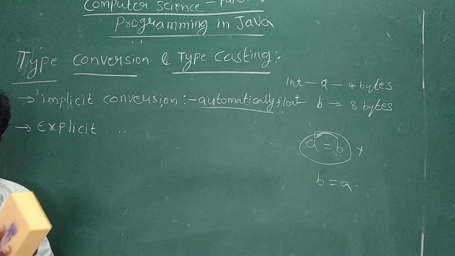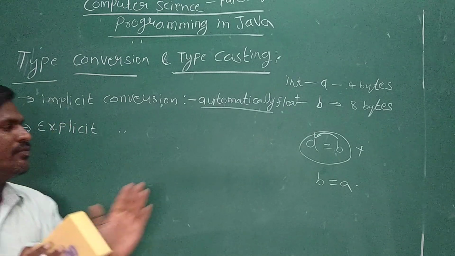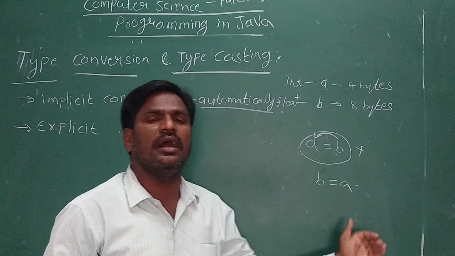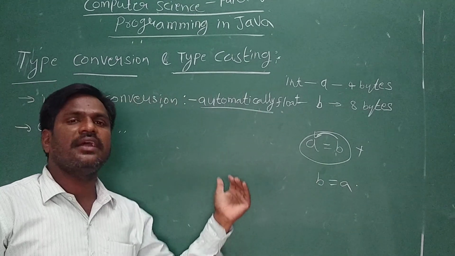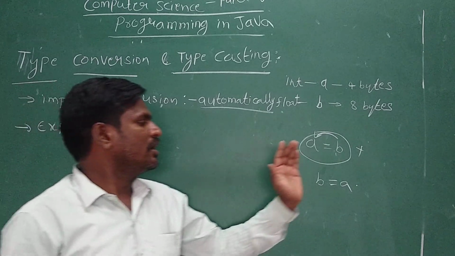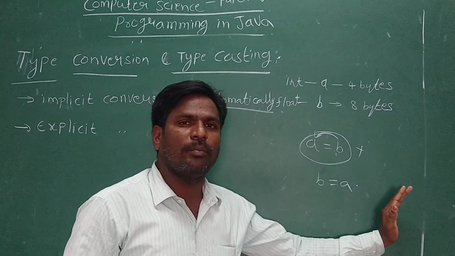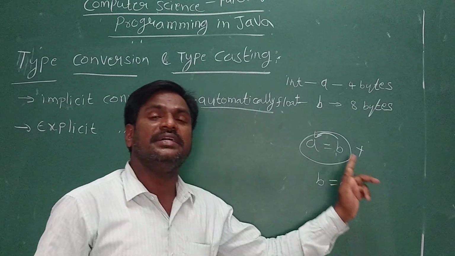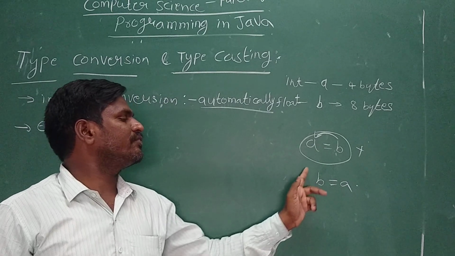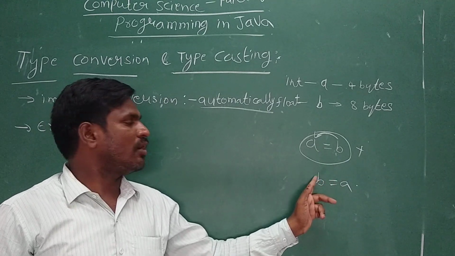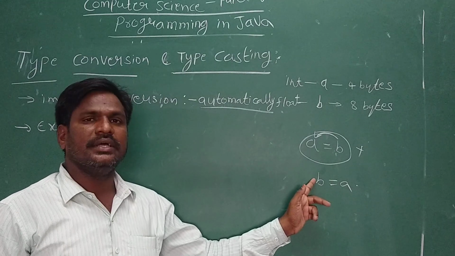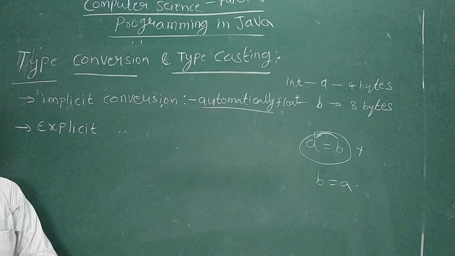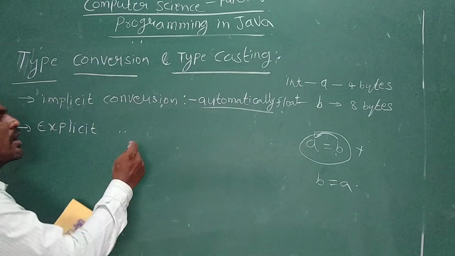That means in Java, if the right side variable of the assignment operator is of lower size than the left side variable, then it is automatically converted.